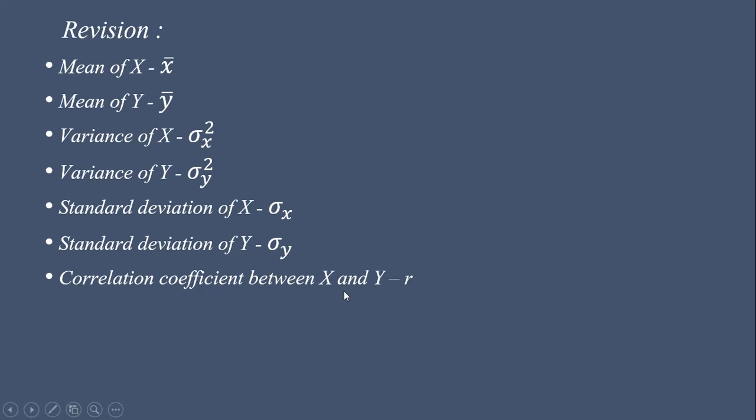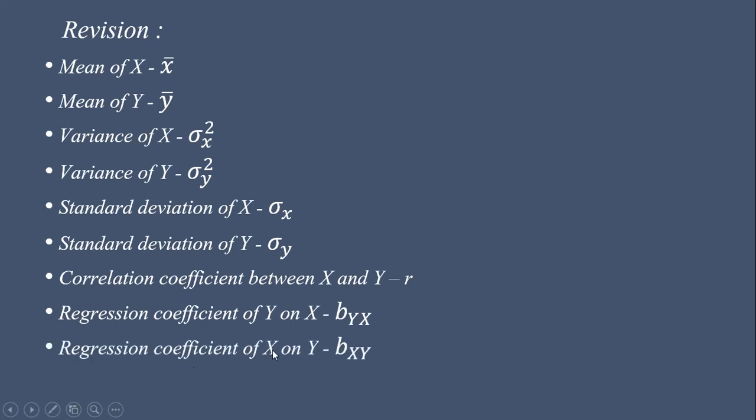Correlation coefficient between x and y is denoted by small letter r. Regression coefficient of y on x is byx, regression coefficient of x on y is bxy. So we have to use these terms while solving examples on regression coefficients.